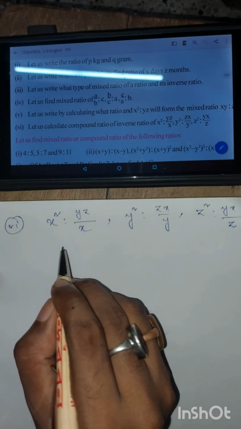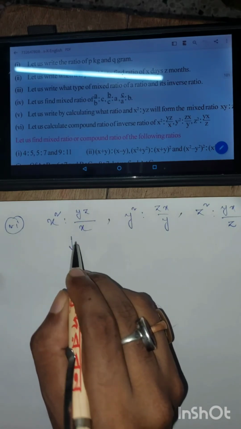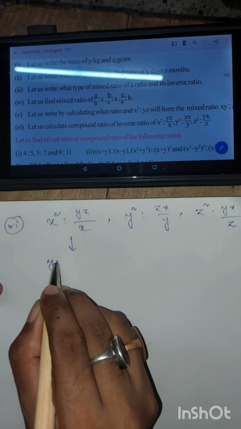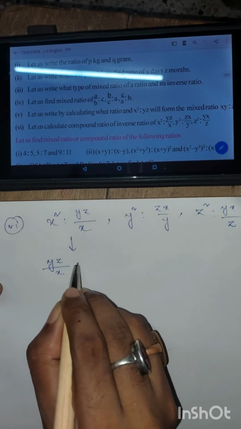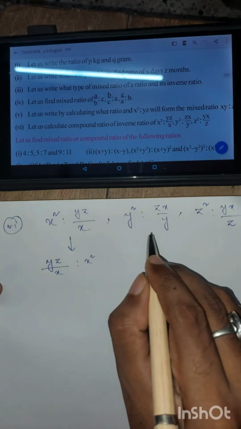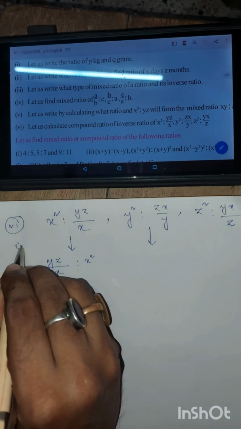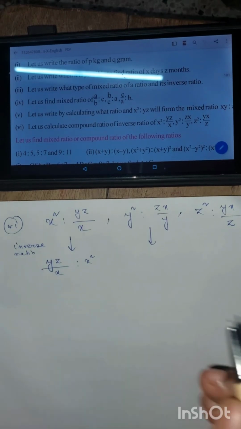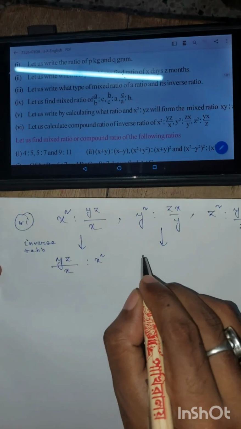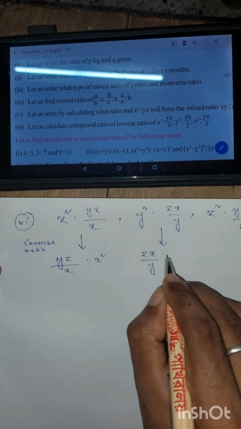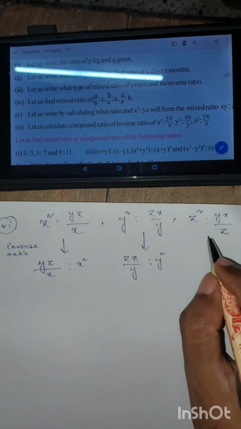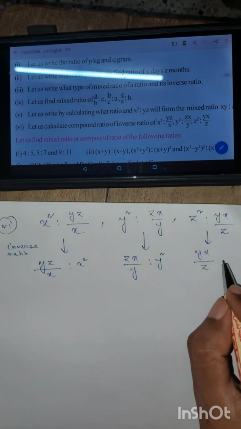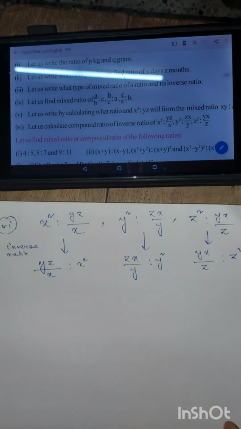So the inverse ratio of this is, and the inverse ratio of this ratio is, and the inverse ratio of this is, okay.